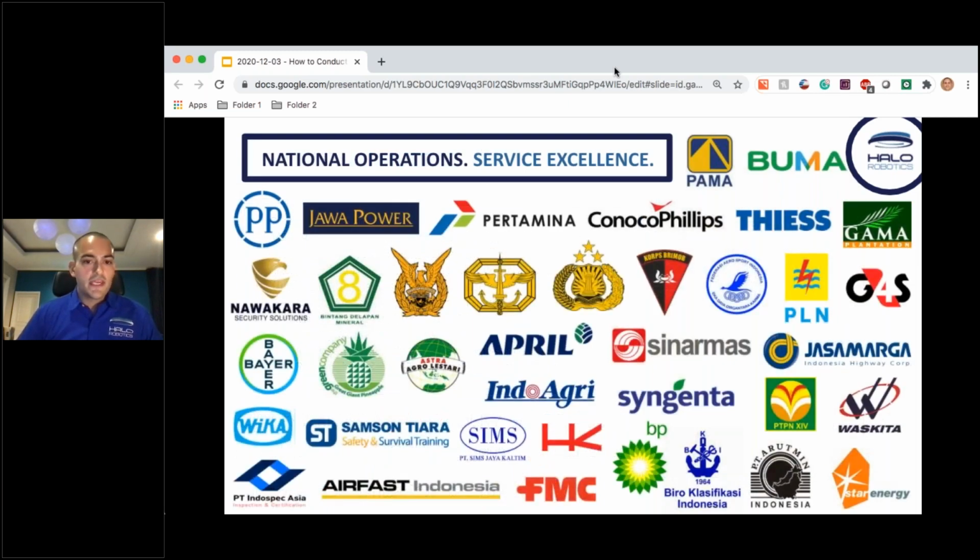The key point, and the reason I mentioned that we're working in these other industries, is that here's just an example of some of the customers and clients that we're working with. The key point is not that Halo Robotics works with all these companies. The key point is that some of what we're covering today is really a standard that is useful and can be applied.